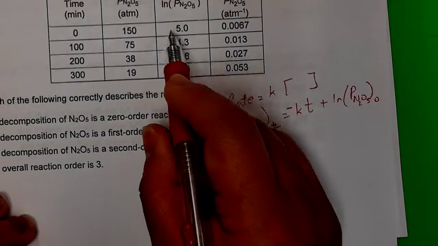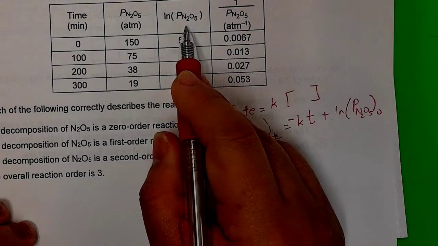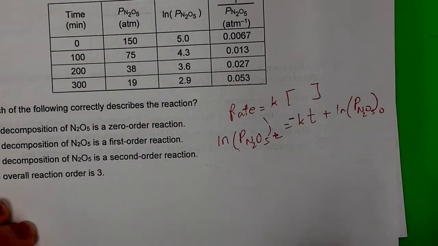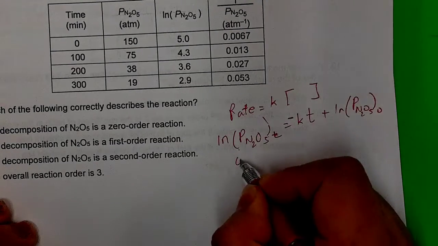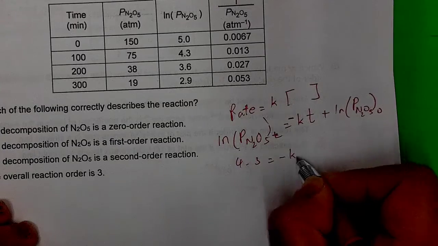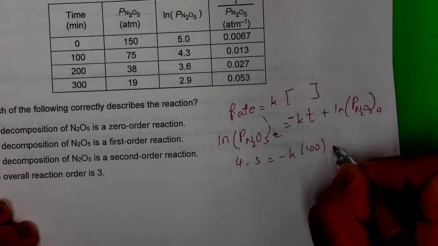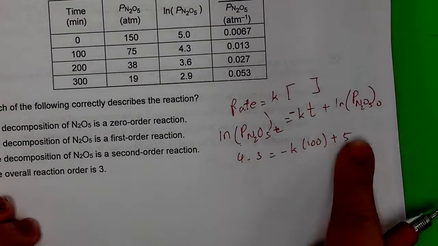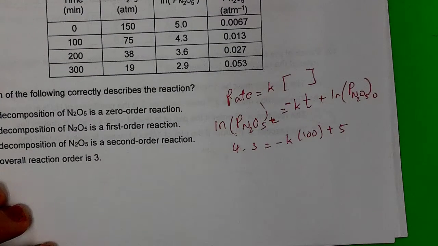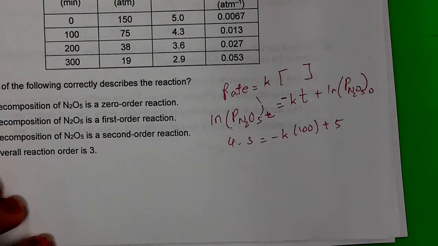Now notice that what they give you here is already ln, so you do not need to ln it again. So this is 4.3 equal to negative k times my t, 100, plus 5. Send it over. That's the easy part of the math.